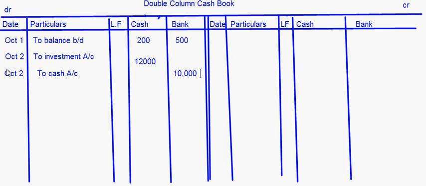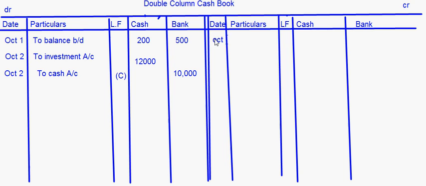The money is increasing in the bank, so in the bank column you will put 10,000 on the debit side, and obviously here it will be to cash account because you are putting it in bank, right? Now this is a contra entry, so in the bracket you will put contra, right? Contra entry means it will have to come on the other side also, right?